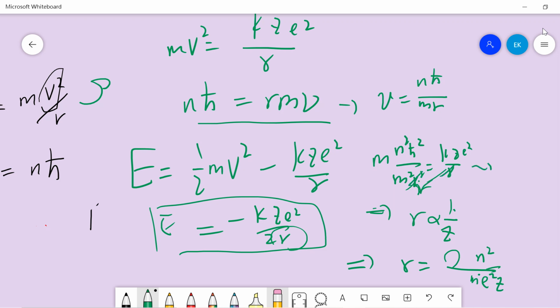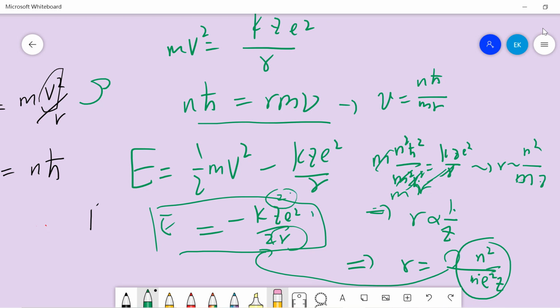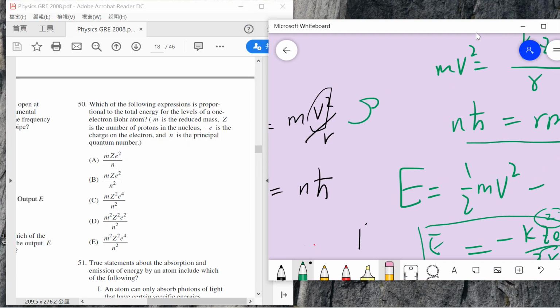So r is proportional to this, the m cancelled, the m squared still here, and Z. So when we plug this one into this one, we know that there should be another Z squared, and there should be an m in the numerator. So it's m Z squared e to the fourth. So the answer is C. Basically, this one is just direct computation, nothing special.